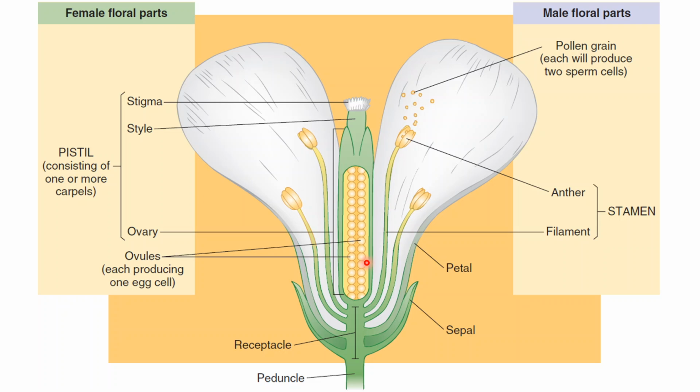The carpels may be separate or fused into a single structure, like here. If they are fused, like here, there are two carpels, first and second, and they are fused to a single pistil.